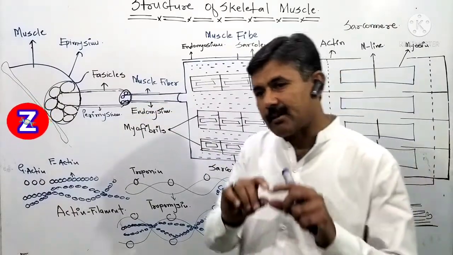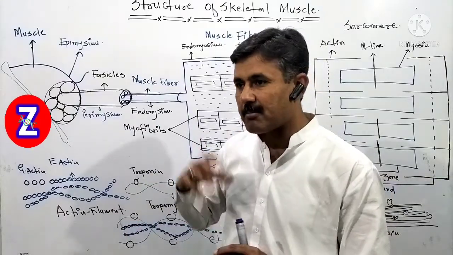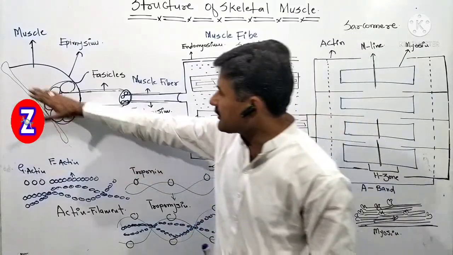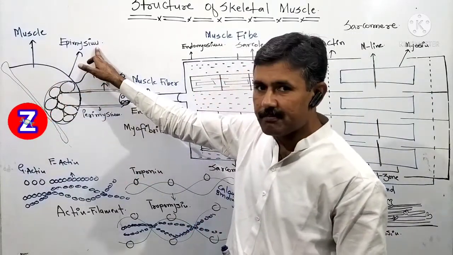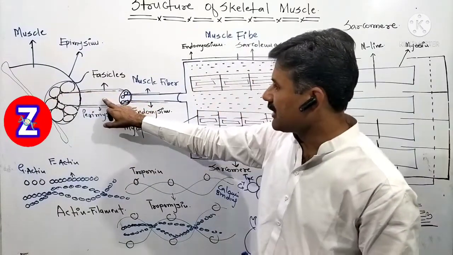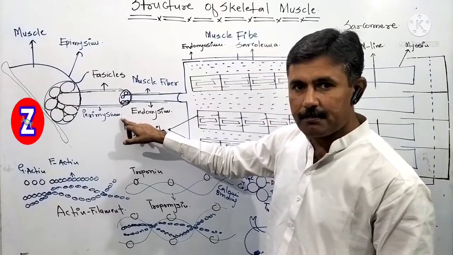There are many muscle fibers present in a fascicle, and there are many fascicles present in a muscle. This way, the muscle is externally protected by epimysium, and within the muscle there are many fascicles, and we have taken one fascicle out, and the fascicle is covered externally by perimysium.